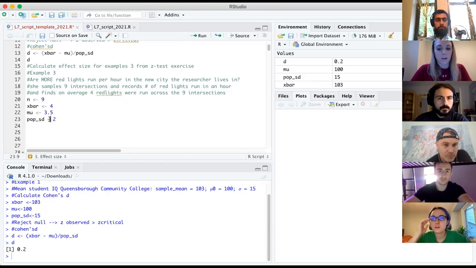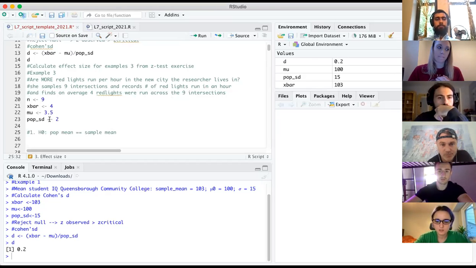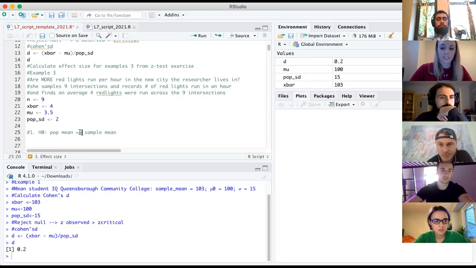All right, so very first thing, state our null hypothesis. So what is our null hypothesis? It's that the red lights run in an hour is no less than the other city. Yes.